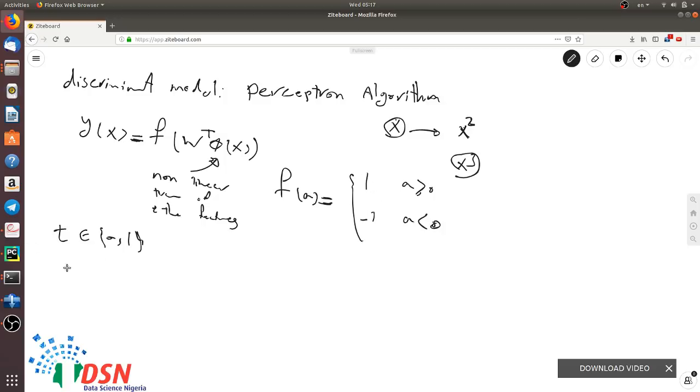So in the Perceptron, the target vector is 1 or -1, and this is the output of our model. We want to develop an algorithm for deriving the weights W, because the variables of the model are the weights.